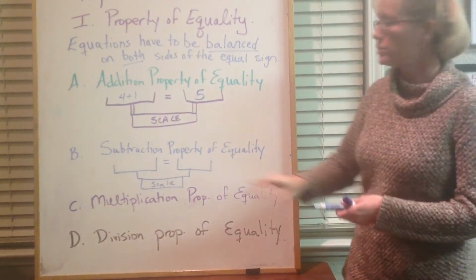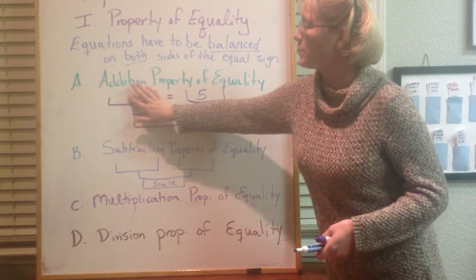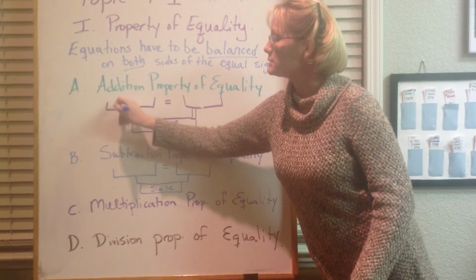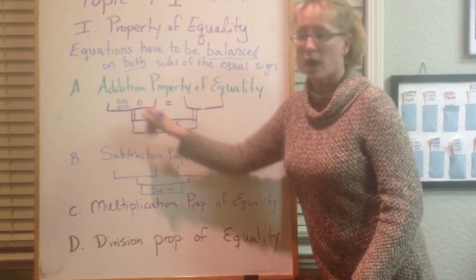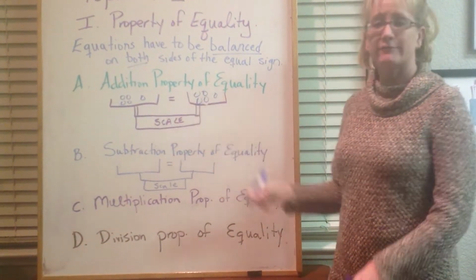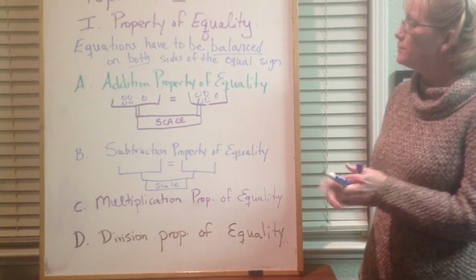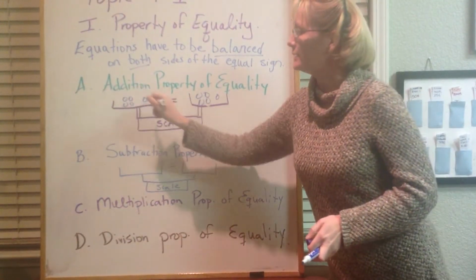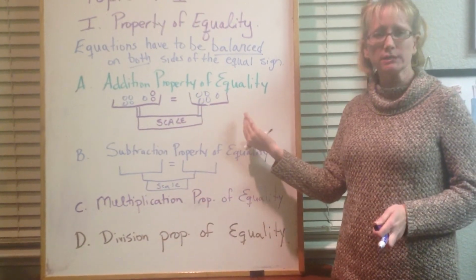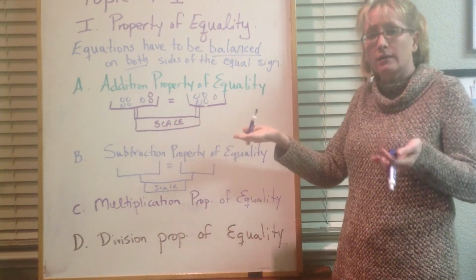So what I want to show you is what we do with the addition property of equality. If I had that 4 plus 1 again, if I had 4 rocks and then 1 more rock, on the other side I needed to have 5 rocks in order for it to stay equal. But what if I added 2 more rocks to this side? What would I need to do to the other side of the equal sign to keep the scale balanced?